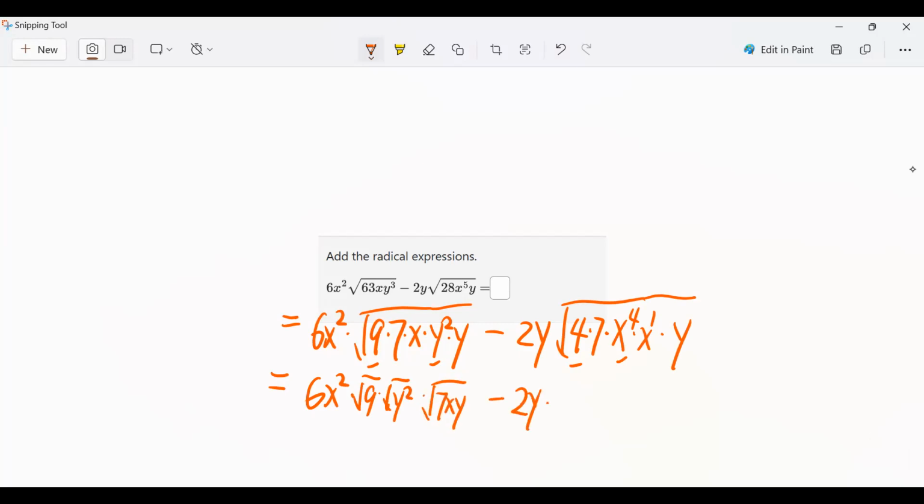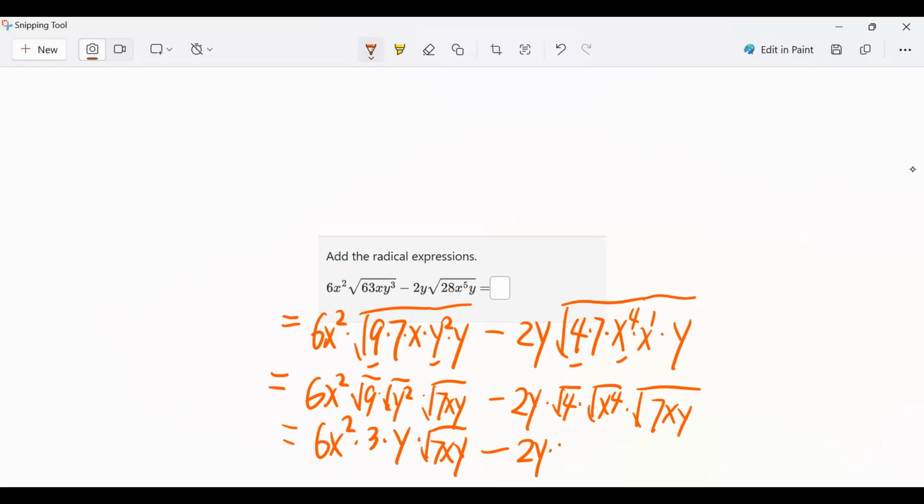This one, 2y times radical 4 times radical x to the fourth times radical 7x. From there, we get 6x squared times 3 times y times radical 7x. And here we get 2y times 2 times x squared. Square root of x to the fourth becomes x squared, times radical 7x.